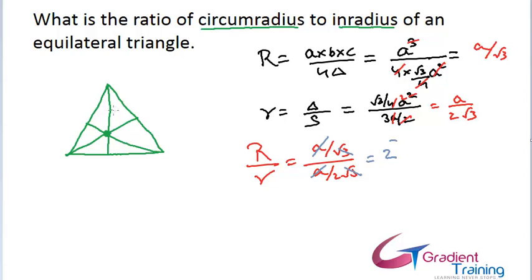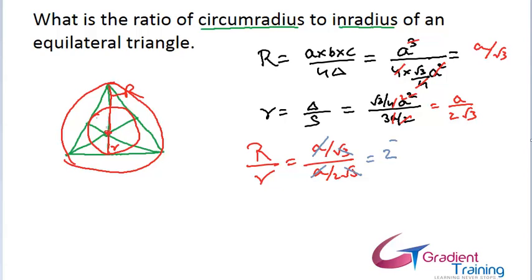So if it is the incenter, that means I can draw a circle by keeping this incenter as the center such that it touches all the 3 sides of the triangle simultaneously, and the radius is the inradius. If this is the circumcenter, we can draw a circle which touches all the 3 vertices of this triangle, and this part will be the circumradius.